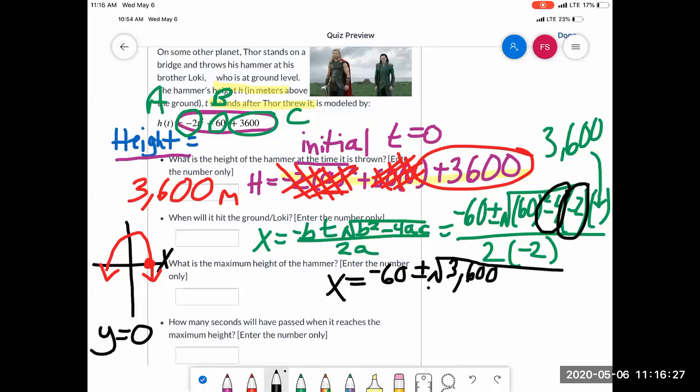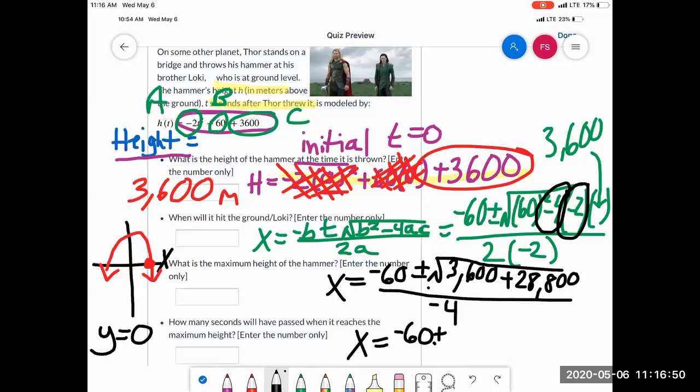I'm going to go ahead and plug that one into the calculator: +8 times 3,600 is 28,800, all over -4. And then we just keep going.